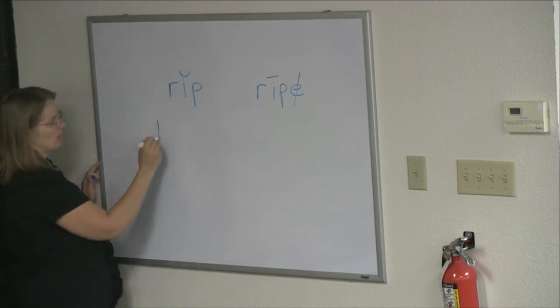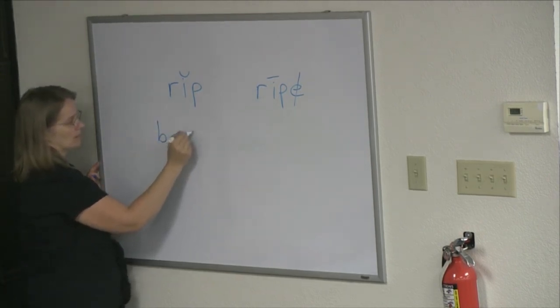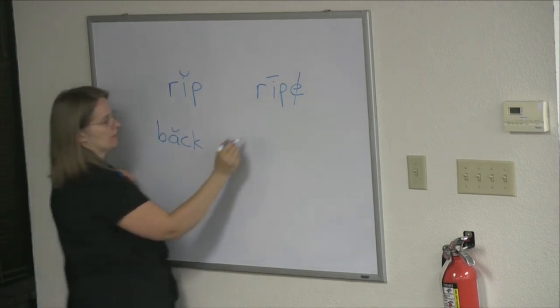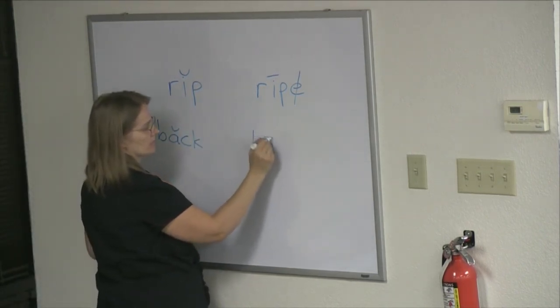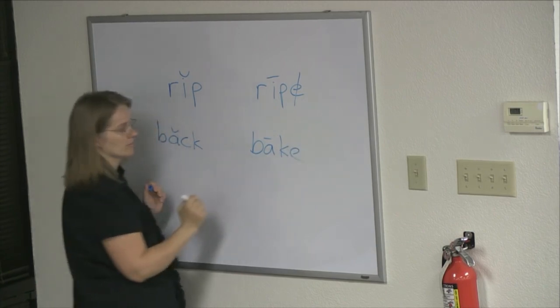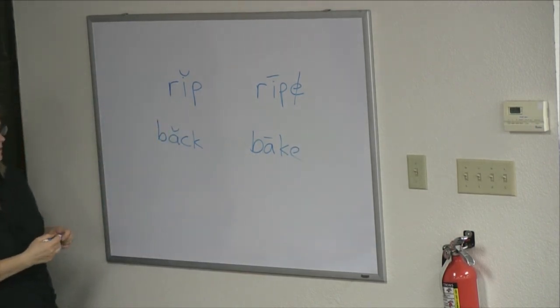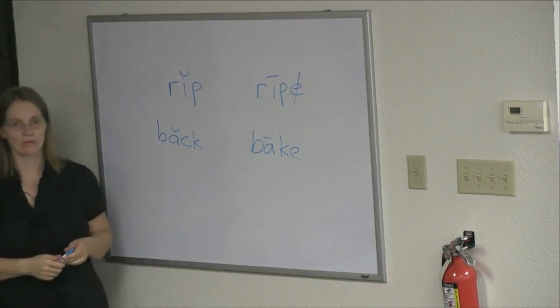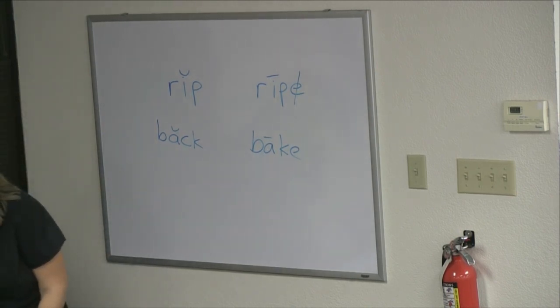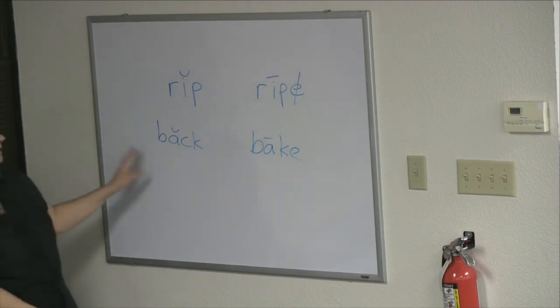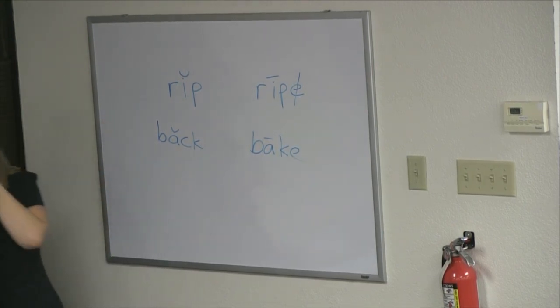For instance, maybe they've learned back. Well, now they're going to learn bake. Or tack, take. Really, innumerable, I put some examples on here, back, bake. So what you practice with a child is now reading a whole lot of words.